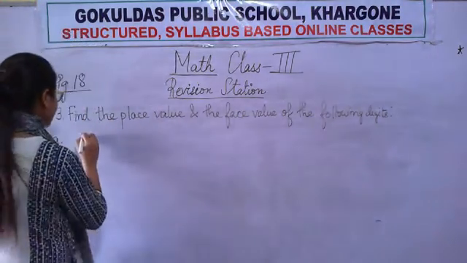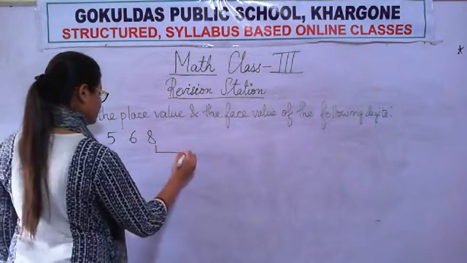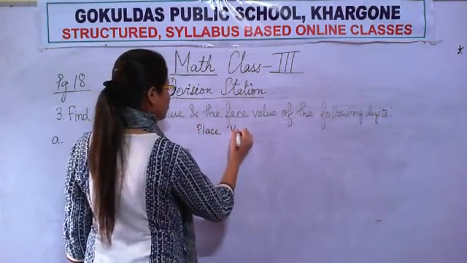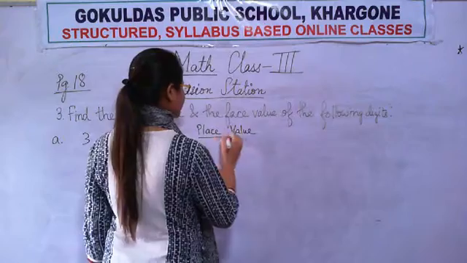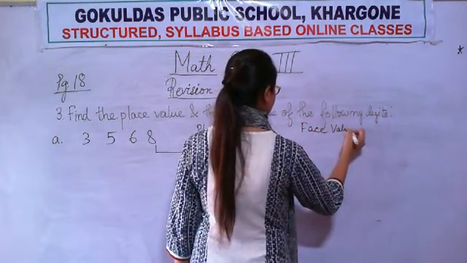3, 5, 6, 8. Place value and here face value. Okay.